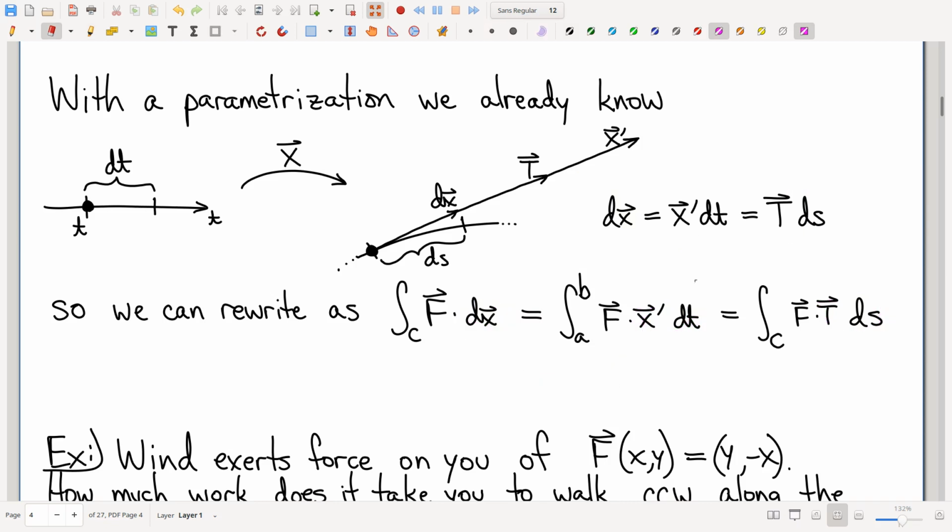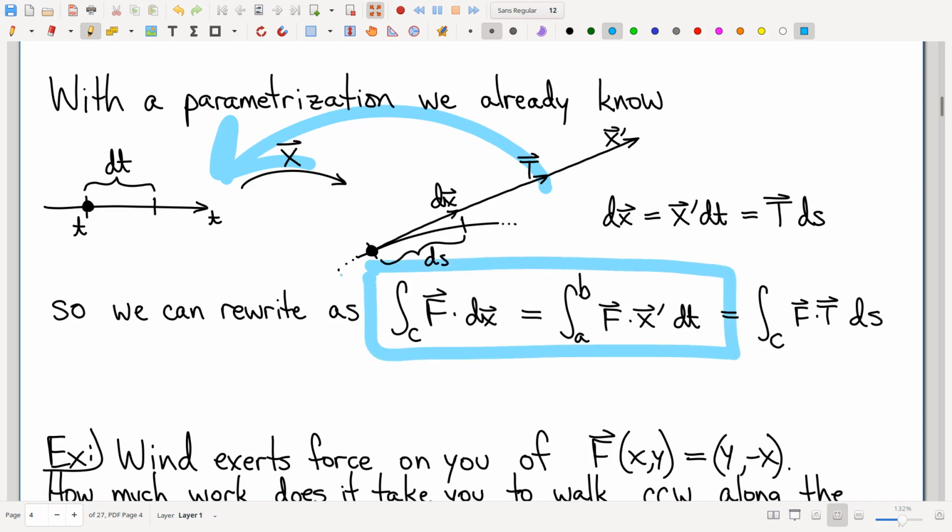We have, for example, if you want to do the pullback of an integral defined on our parametrized curve, you want to instead pull back and do an integral on the t-axis, boom, there you go. There's your pullback.